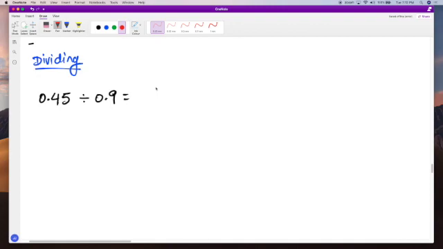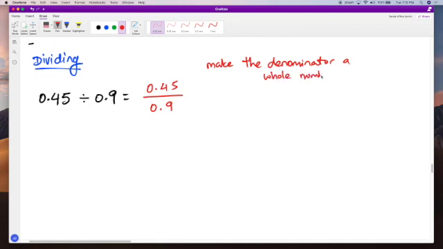But we're going to do it a little different this time. When we have 0.45 divided by 0.9, what we want to do is make the denominator a whole number. So to make the denominator a whole number, we will multiply by 10.